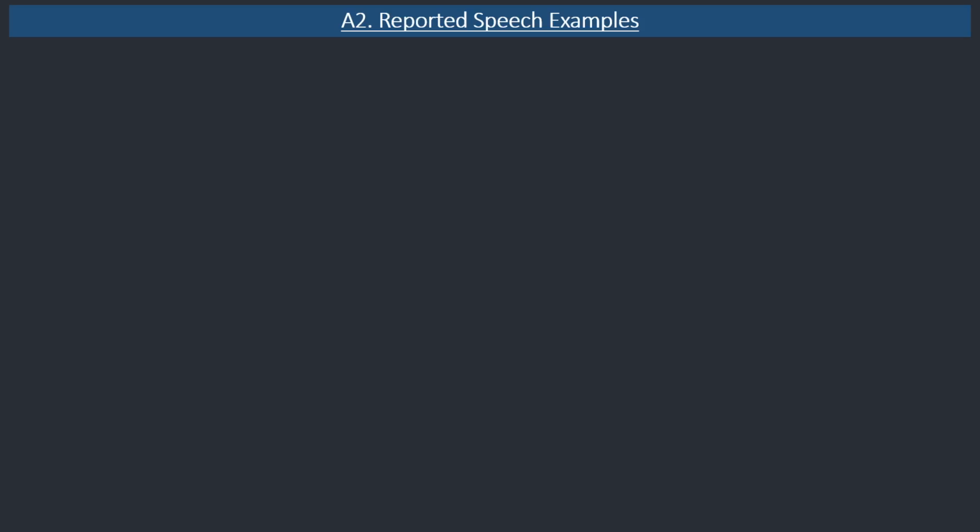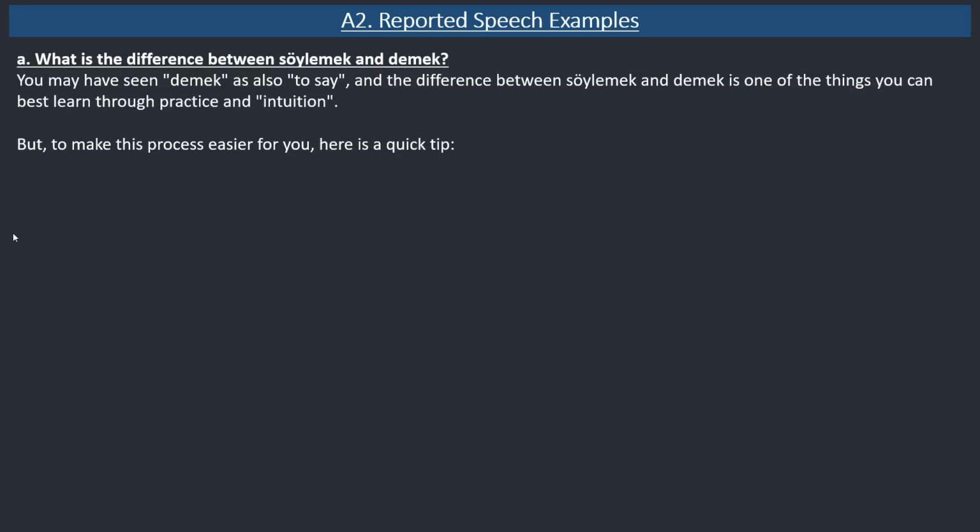There are two verbs that actually mean to say, but there are different cases you need to be careful with. So the first one, as you can read here, this is just what I said in voice. You can just learn it through practice and intuition.